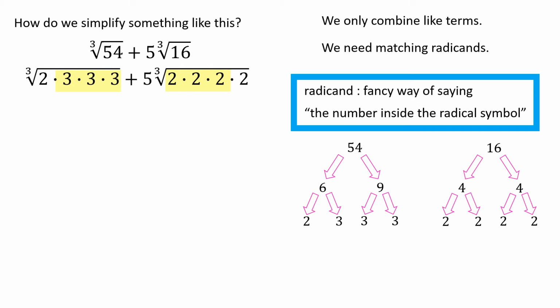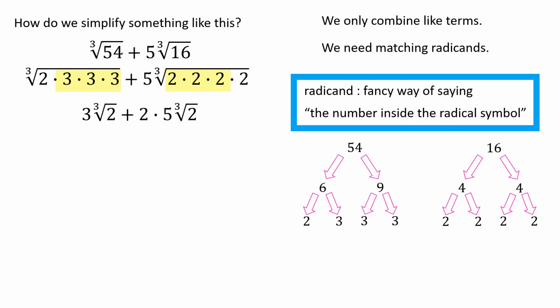So if I can take the third root of 3, that becomes a plain old 3 out in front. Notice the 2 is still inside the radical symbol. I see 3 identical 2's, so the cube root of 2 times 2 times 2 is plain old 2. Notice there's one extra 2, which has to stay inside the radical symbol. And also notice that there was already a coefficient of 5.